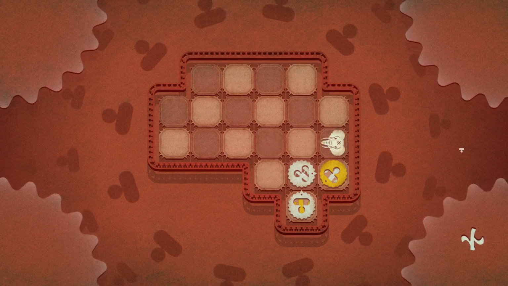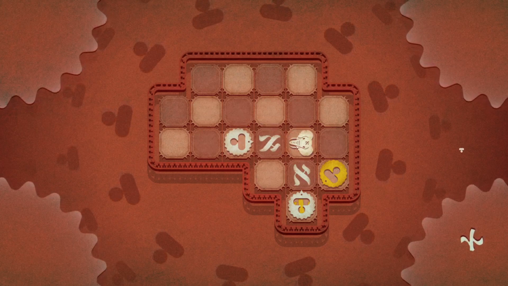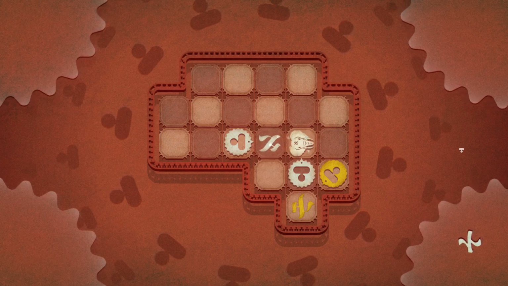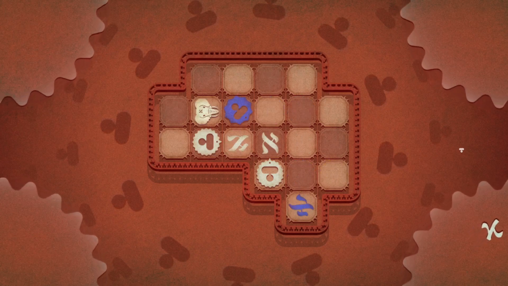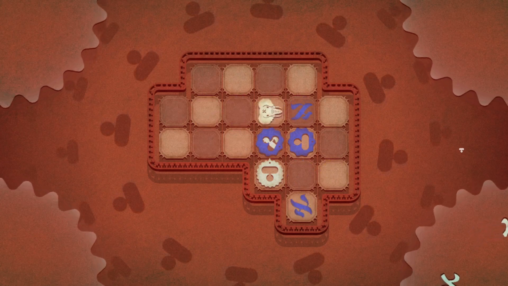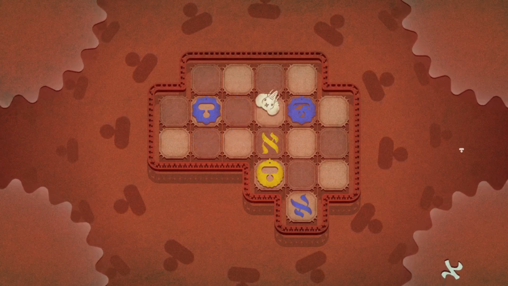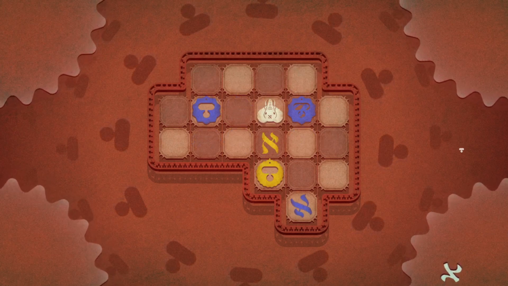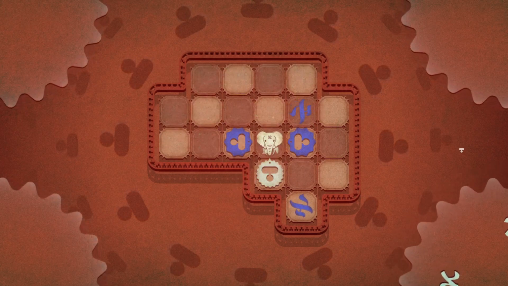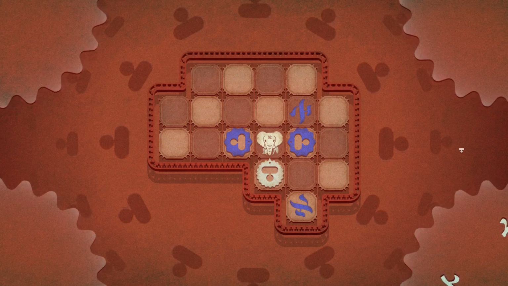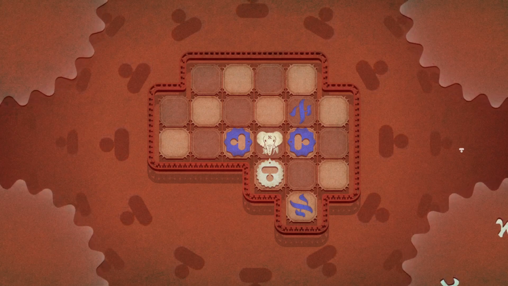Okay. Oh, we're getting really stuck here. There's a triangle. Okay, maybe other things are supposed to be useful here. Could I, interestingly enough, get two things to point at the same glyph? No, not on this level.